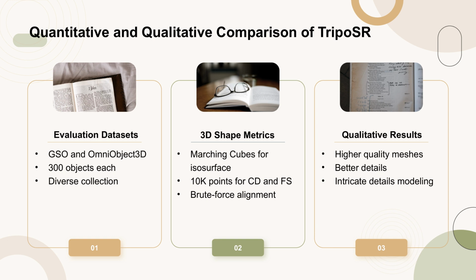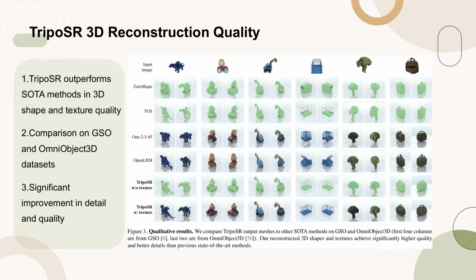Qualitative results show that TripoSR achieves significantly higher quality and better details in reconstructed 3D shapes and textures compared to previous methods, capturing better overall 3D structure and intricate details. Figure 3 presents qualitative results comparing TripoSR's output meshes with other state-of-the-art SOTA methods on the GSO and OmniObject 3D datasets.